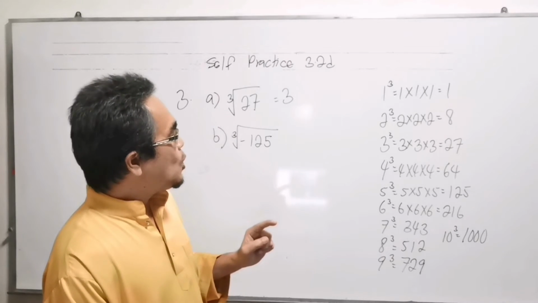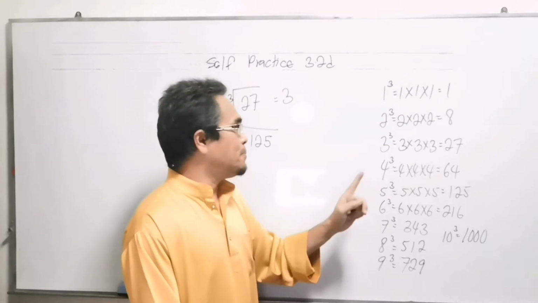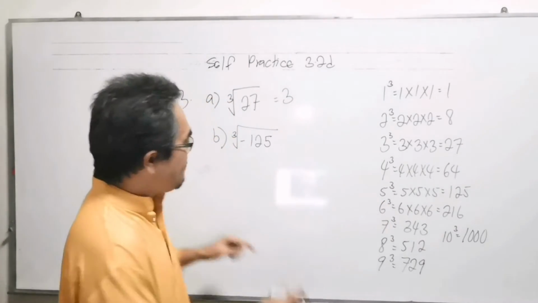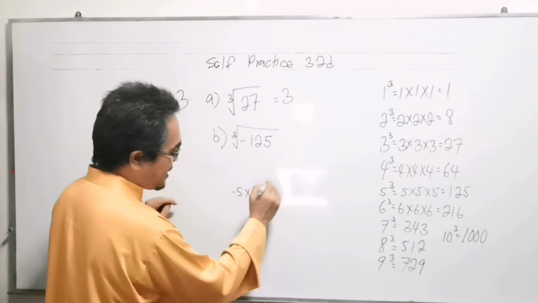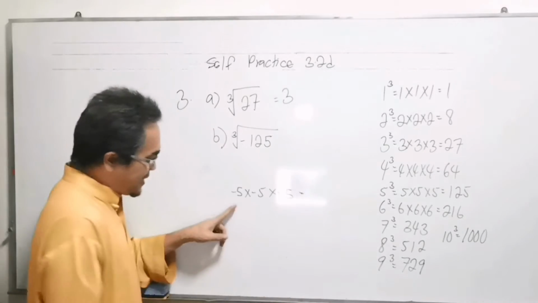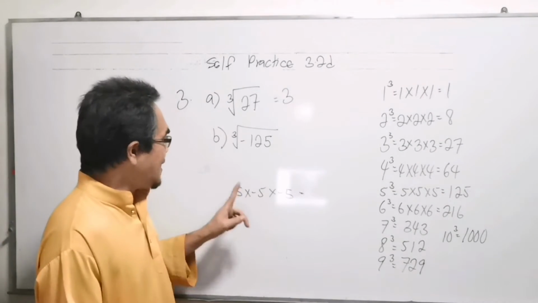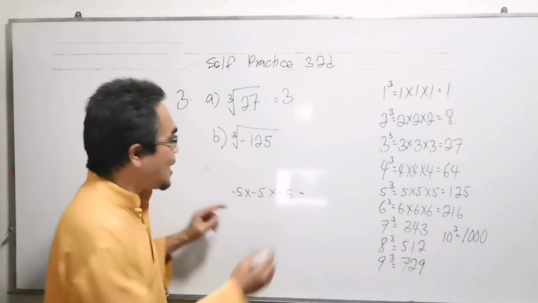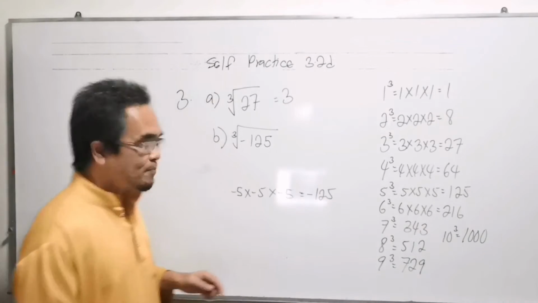Because this is negative, for example, if we multiply -5 times -5 times -5, negative times negative will become positive. Then positive times negative will become negative.